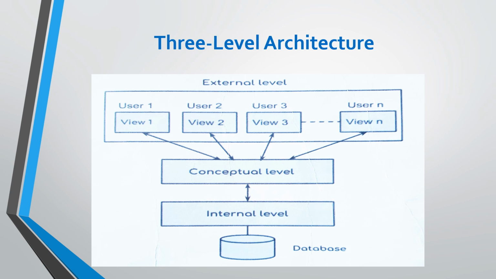It permits users to access the data in a way that is customized according to their needs, so that the same data can be seen by different users in different ways at the same time. So this is the functionality of the external level. The three-level architecture can be categorized into these three types: internal, conceptual, and external level.